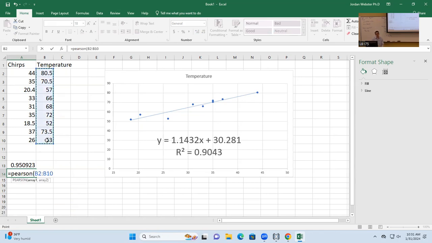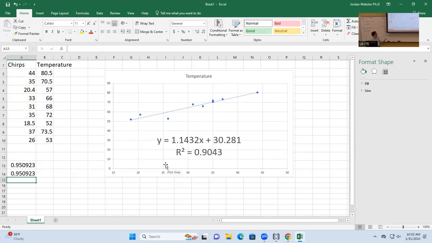If you call temperature your X's and chirps your Y's, you would get a very different looking line because you have to switch the roles of X and Y. But the Pearson correlation coefficient is the same, regardless of which one you call the X, which one you call the Y, right?